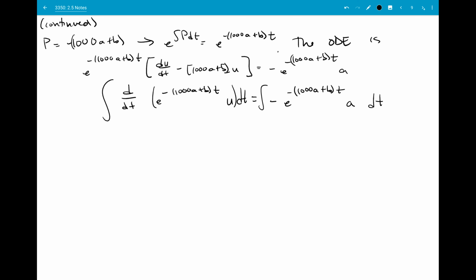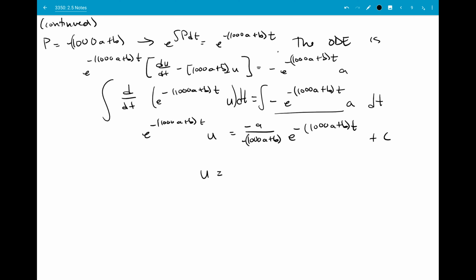So I'm going to get e to the minus (1000a plus b) t times u equal to, even though this is messy, it's just a simple exponent, so we're going to have negative a over negative (1000a plus b) times e to the minus (1000a plus b) t plus a constant.